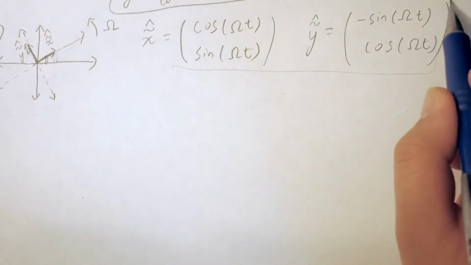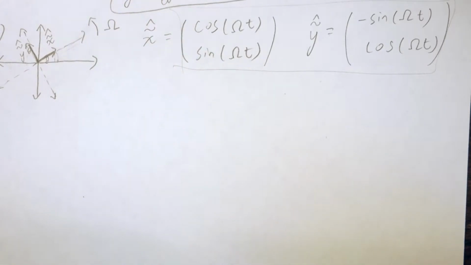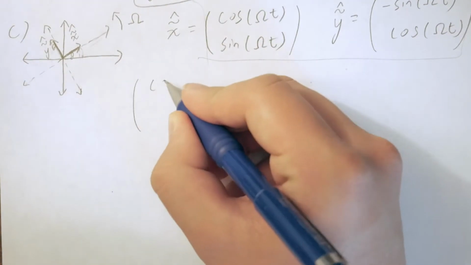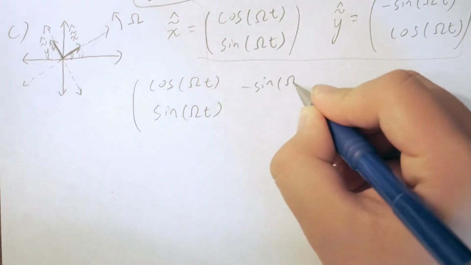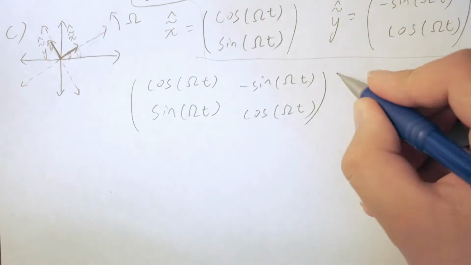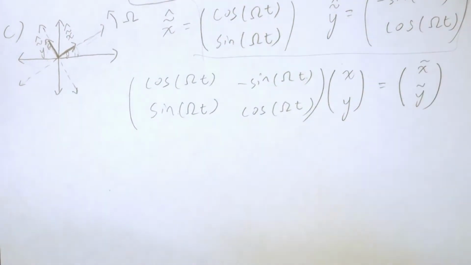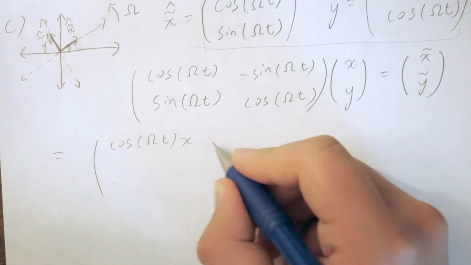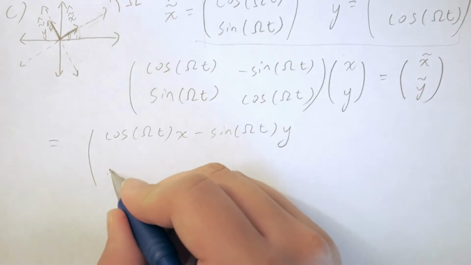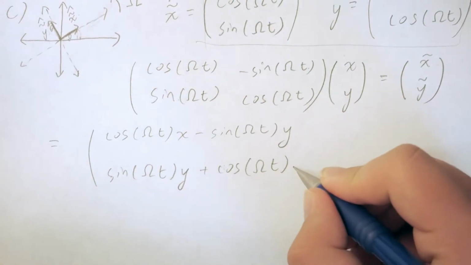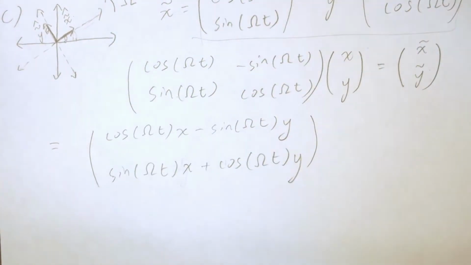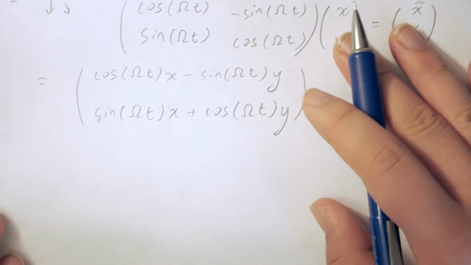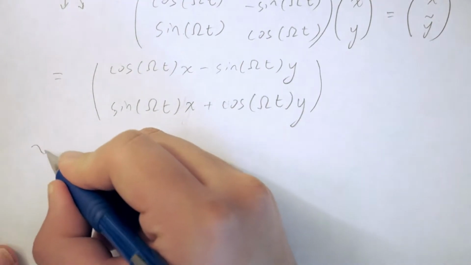So using this as the transformation matrix, or it's actually called a rotation matrix. And now substituting our equations for x and y from part B, we can get the result.